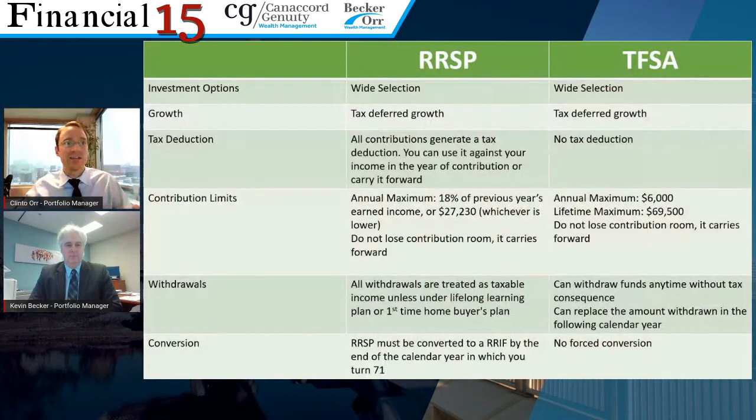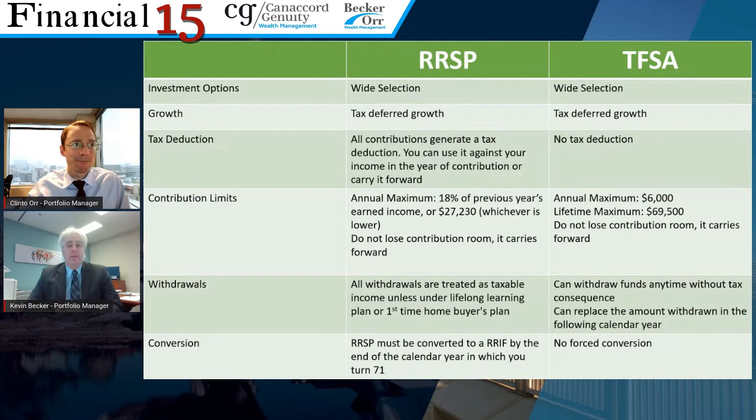Kevin, we've got to start off with the basics. So the difference between an RSP and a TFSA. What do you think some of the basics are for the two accounts? Well, even though they are both technically registered accounts, an RSP is basically done with earned income, whereas a TFSA has a specific amount that you can put in each year.